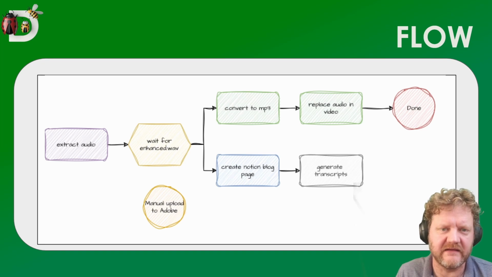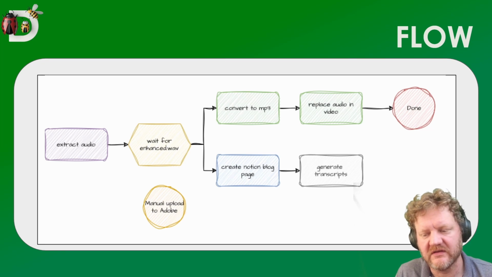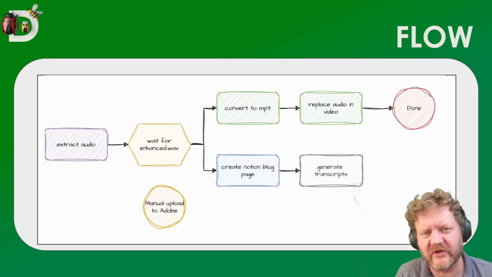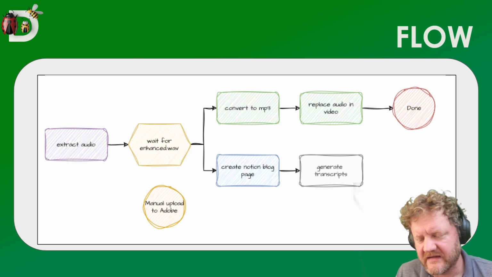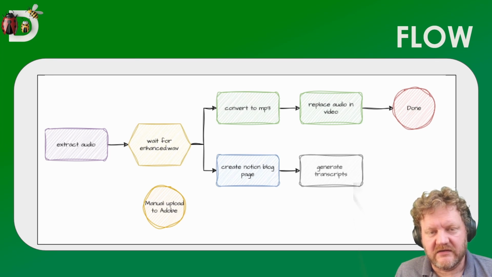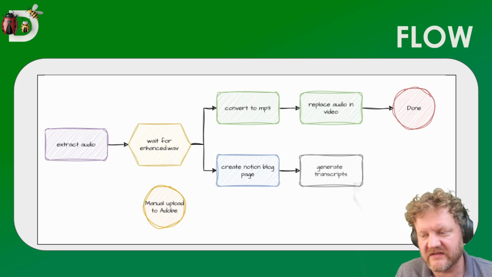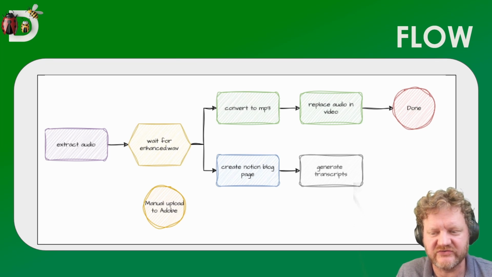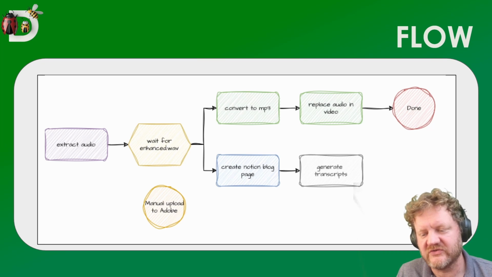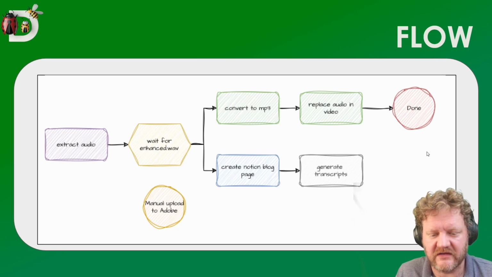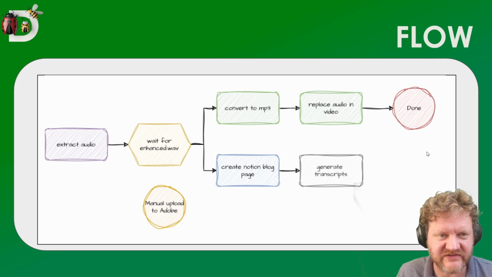And then the script starts to generate the transcripts. The transcripts are created using OpenAI Whisper, the local Python package, and it creates a TXT file with the transcripts, but also an SRT and a VTT file, which are subtitle files that I then also use in CustomPod and in YouTube to show subtitles, because I want my podcast to be accessible.